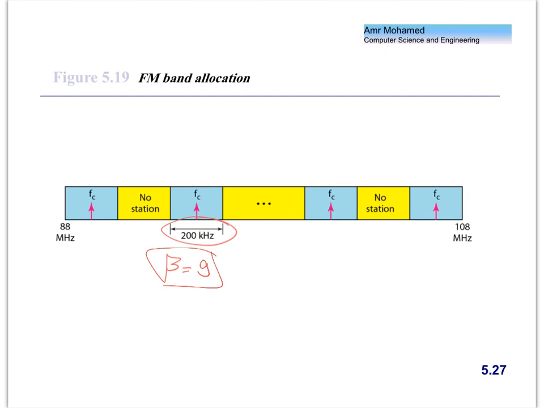This is a typical value for beta. As I said, it ranges between 4 to 10, something like that. And of course, the higher, the better the quality will be in terms of voice quality. But of course you are increasing the bandwidth. Remember, for FM, there's no worldwide standard.